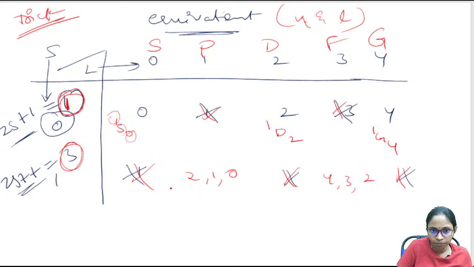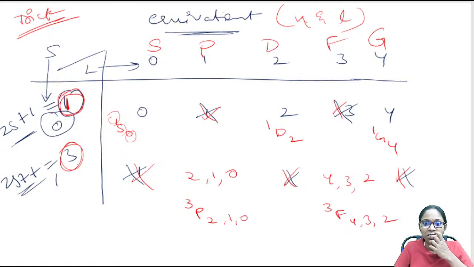And for the triplet state, 3P2, 3P1, 3P0, and for F also, 3F4, 3F3, 3F2. Okay, these are the spectral terms we have for equivalent electrons. That is 1S0, 1D2, 1G4, 3P2, 3P1, 3P0.